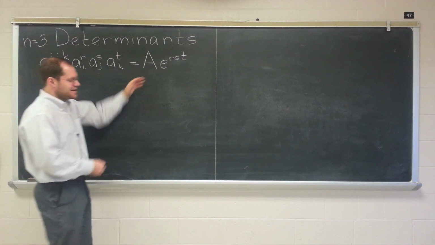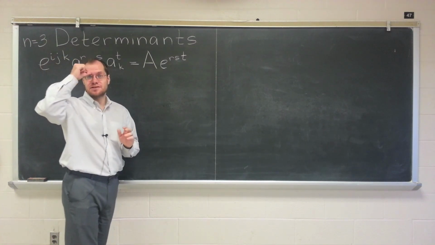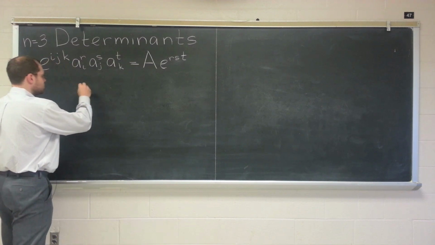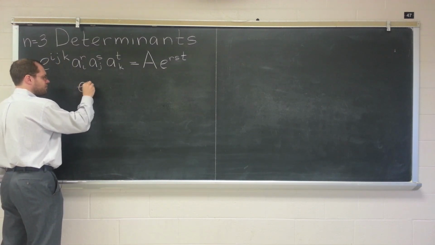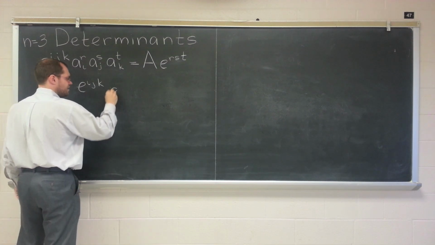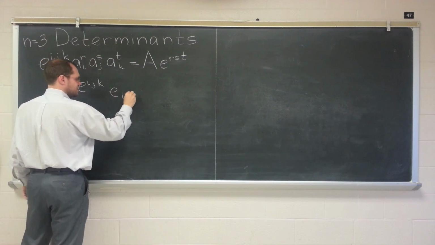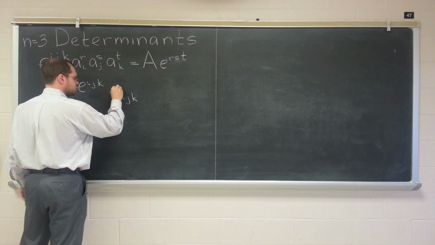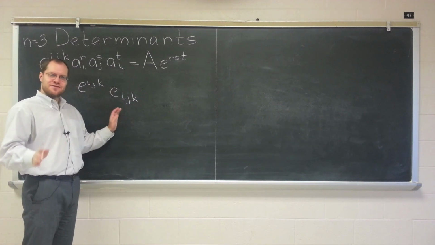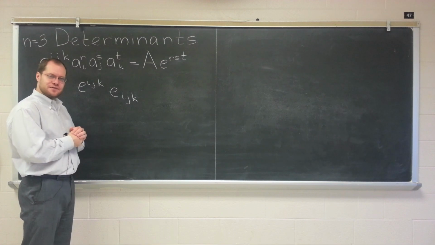And our goal is to have A equals some explicit relationship. So here comes a question I should have asked previously, which is: what is E I J K, E I J K? What is this triple contraction? It's best if you think about it on your own. I'll just give you the answer.